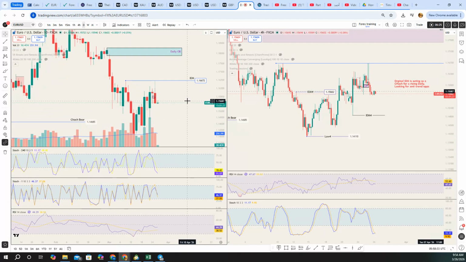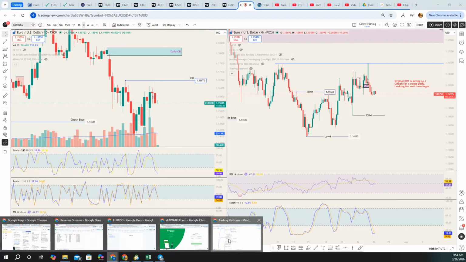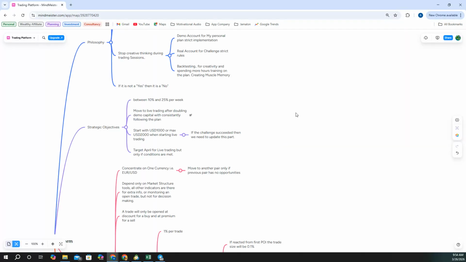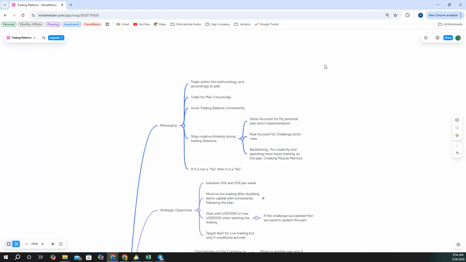Why I'm saying all this is an introduction to say that I'm developing my personal trading platform, which is the trading environment that I'm building, which is this one.